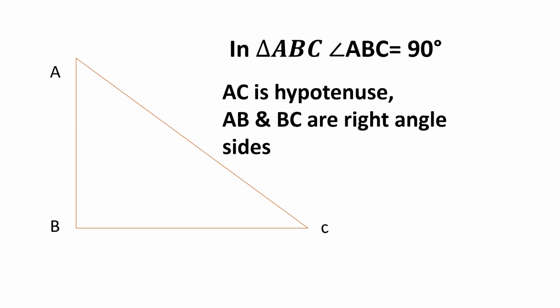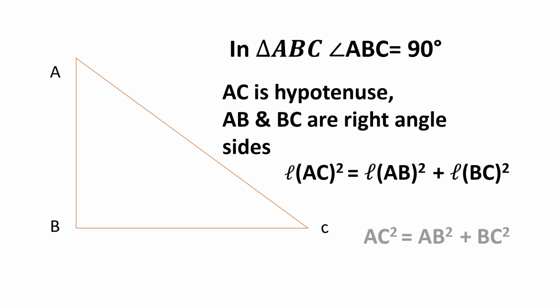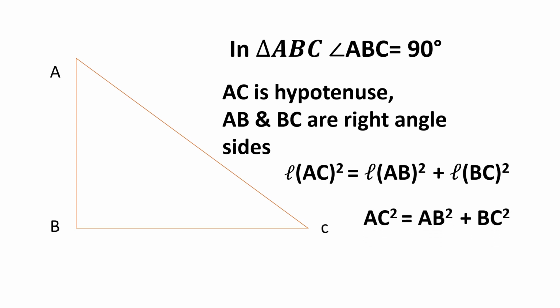Then according to Pythagoras theorem, length of AC square is equal to length of AB square plus length of BC square. Shortly, we write AC square is equal to AB square plus BC square.